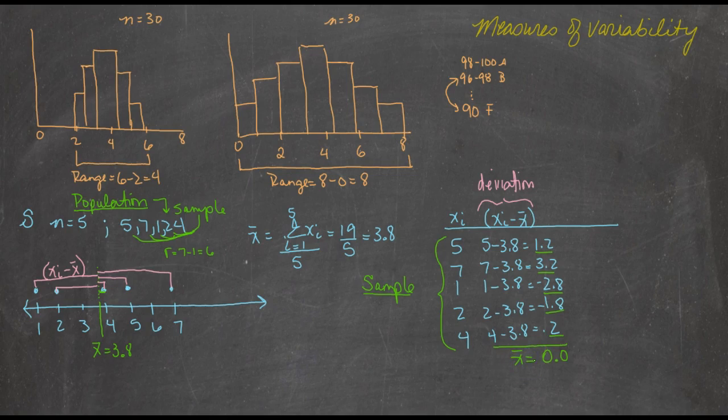That says that the average of my data is all right on my mean. That's not a useful piece of information. And the reason I get this weird 0 is because of all these pluses and minuses. So when I add these all together, they're all going to cancel each other out because I have negatives and positives.